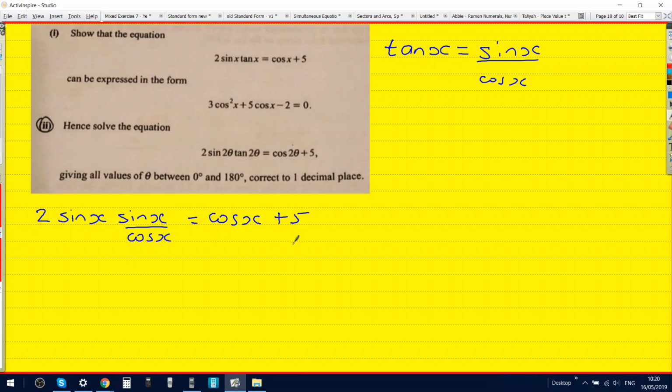Any idea what we do next? Take the cos x plus 5 to the other side. Well, that's not really a pressing concern just yet. So I'd simplify this.